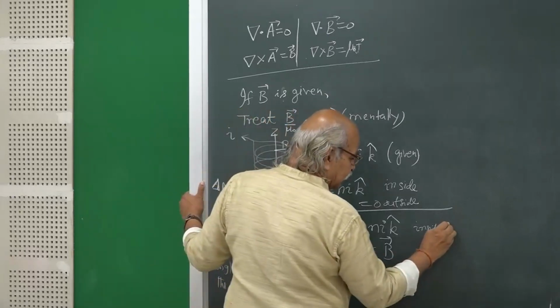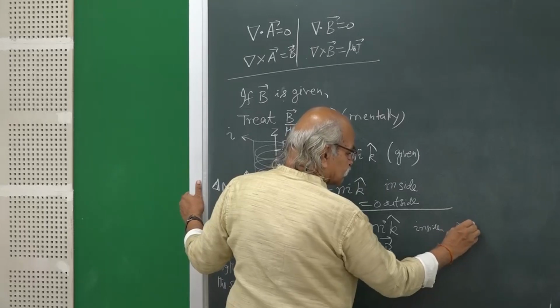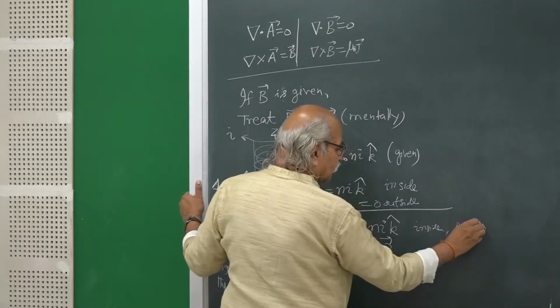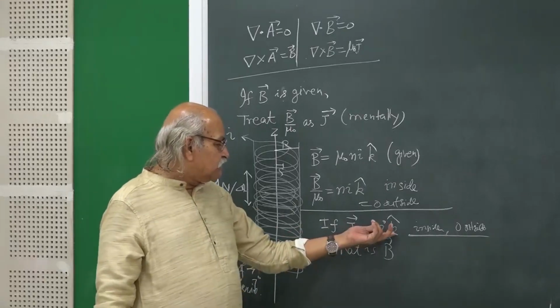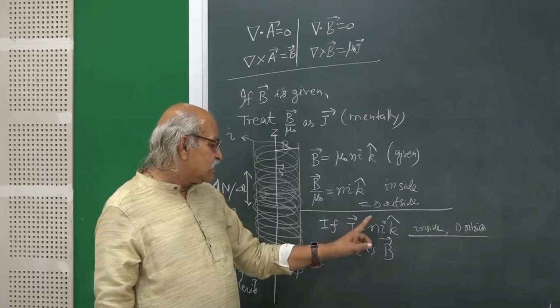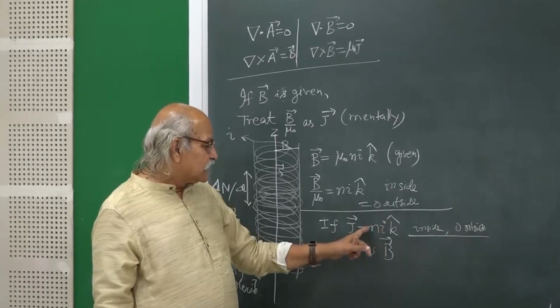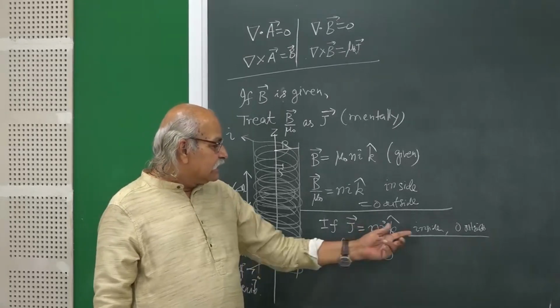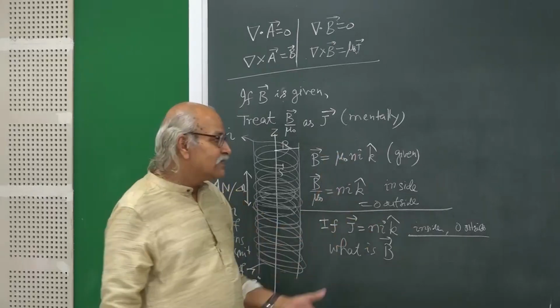So, inside J is this much and 0 outside. This much current density is constant, uniform, n into I, where n is given and I is given. So, it is a constant current density inside this volume, and outside there is no current density.